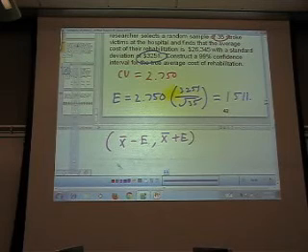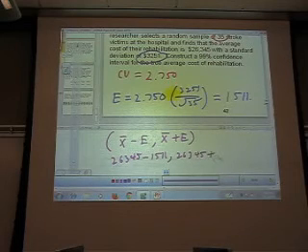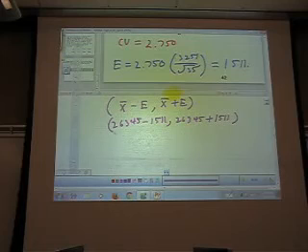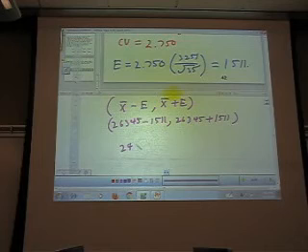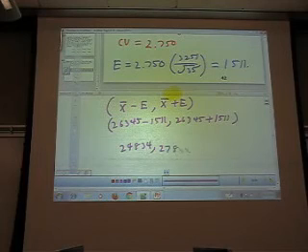So it's going to be 26345 minus 1511 and 26345 plus 1511. So that ends up being 24834, comma, 27856. Good.